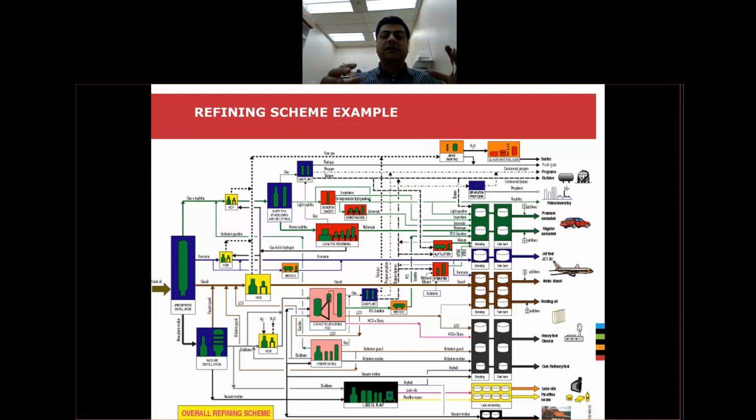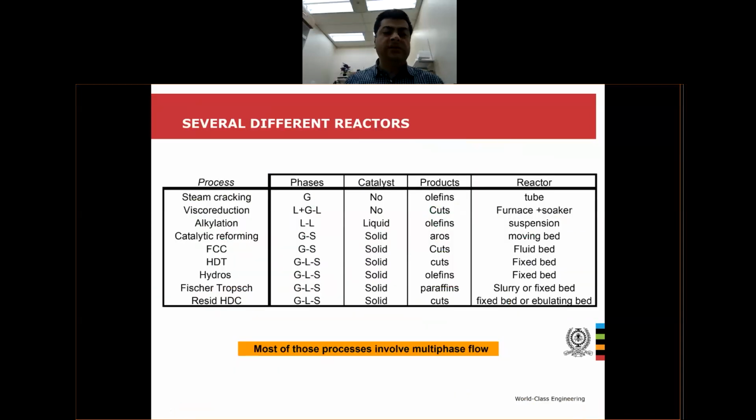And in between, there are different sorts of chemical reactors. Some chemical reactors in a crude oil refinery are listed here: steam cracking, visco reduction, alkylation, catalytic reforming, fluid catalytic cracking, and so on and so forth.